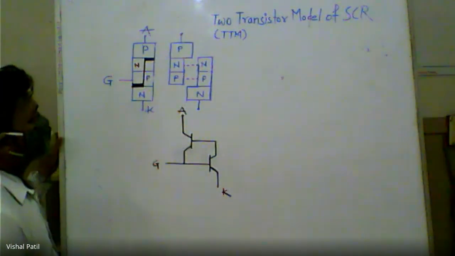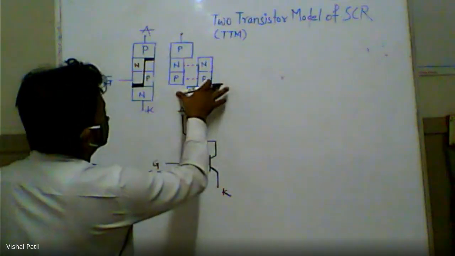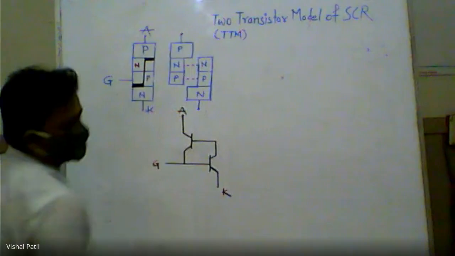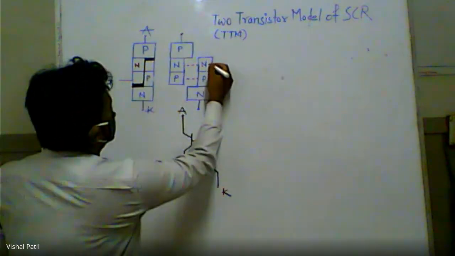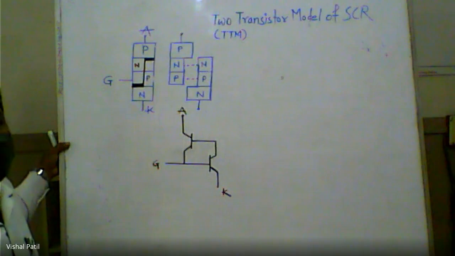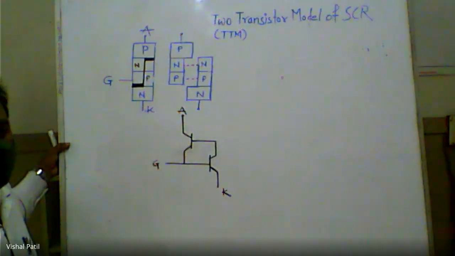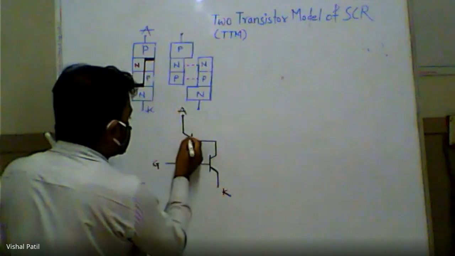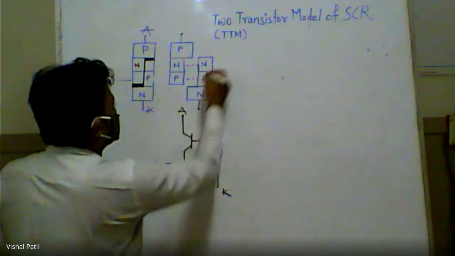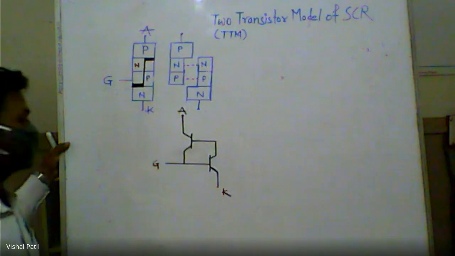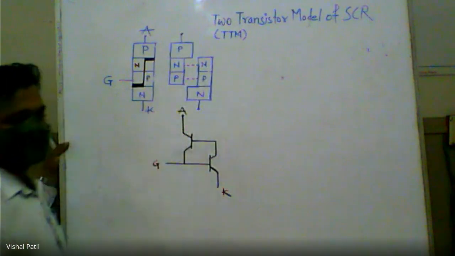Based on that, we get two different structures. In one structure, we will have PNP, and in another structure, we will have NPN. So what does that mean? It is transistors. We have the first type of transistor, PNP, and the other type of transistor, NPN. And they are connected back to back.